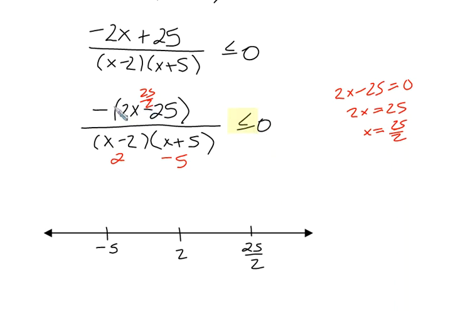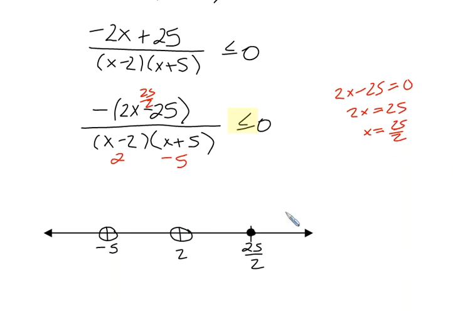So the value of x that we plug in that makes the numerator 0 can work. 0 divided by some other number is just equal to 0, and that would satisfy our inequality. However, if we have a 0 in the denominator, that would be dividing by 0, which we can't do, so each of those denominator key numbers turns into an open dot on our number line.